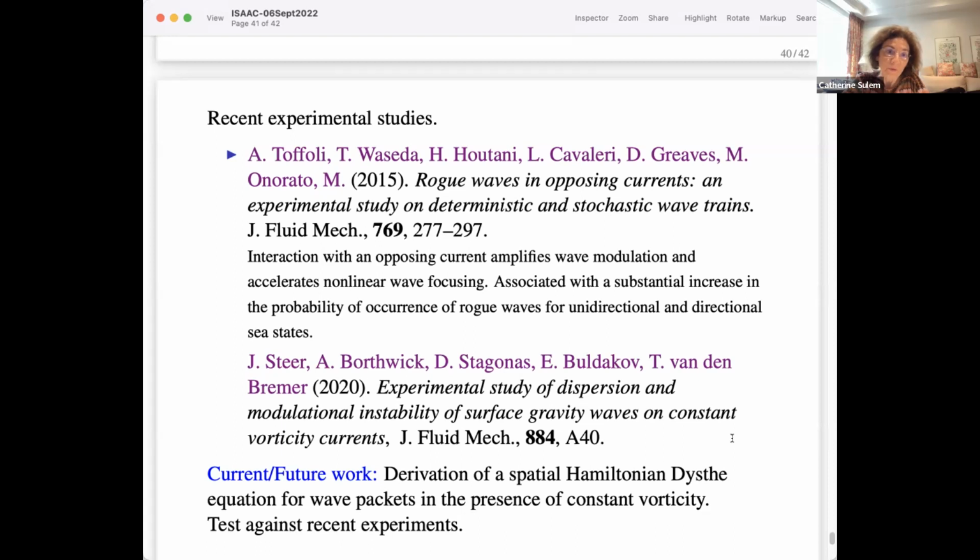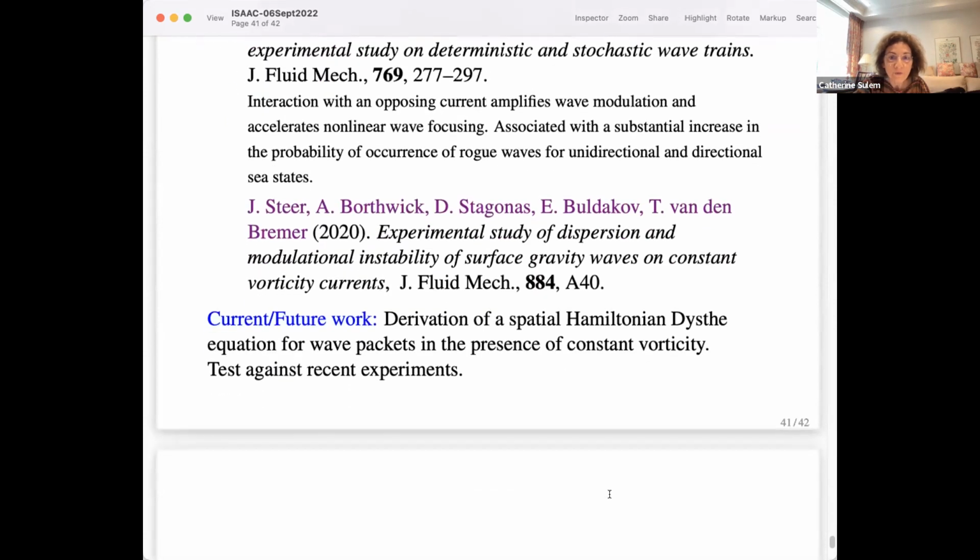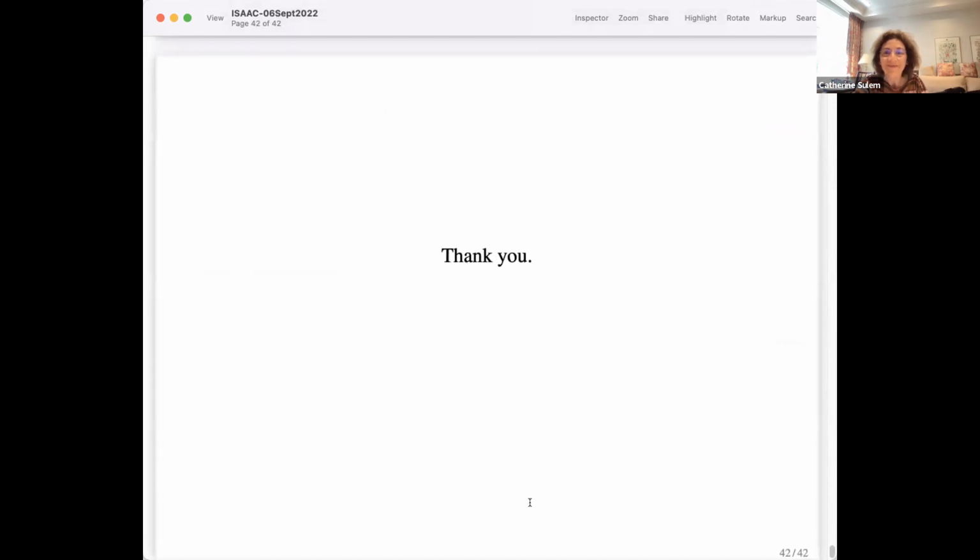The second is an experimental study in a constant vorticity current. To validate our model again, it would be interesting to produce a special Hamiltonian Dysthe equation appropriate for comparison with these experimental studies. At this stage, I will thank you for your attention.